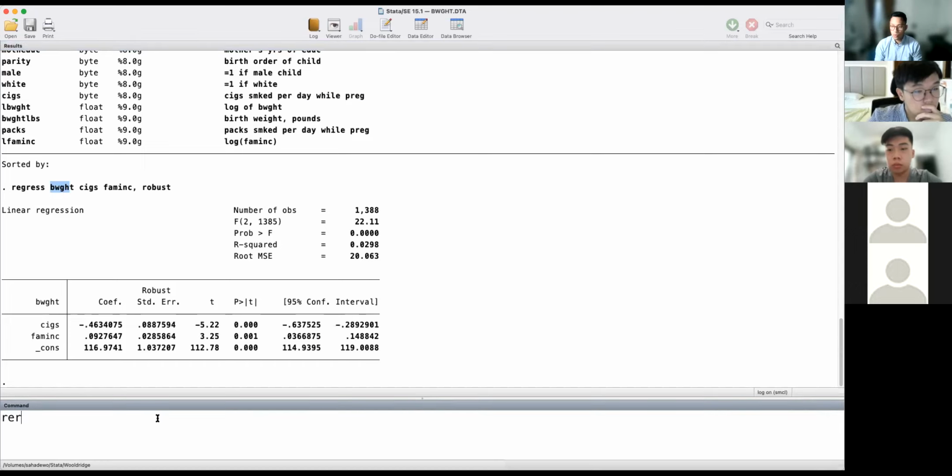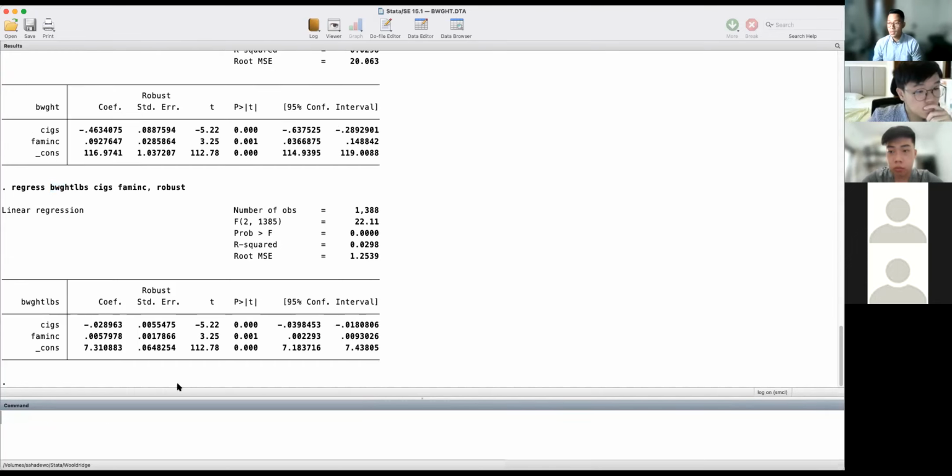Instead of regressing on birth weight in ounces, we regress on birth weight in pounds, using the same right-hand side variables, the number of cigarettes smoked per day and family income, with the heteroscedasticity-robust standard errors option. Then we do the regression.